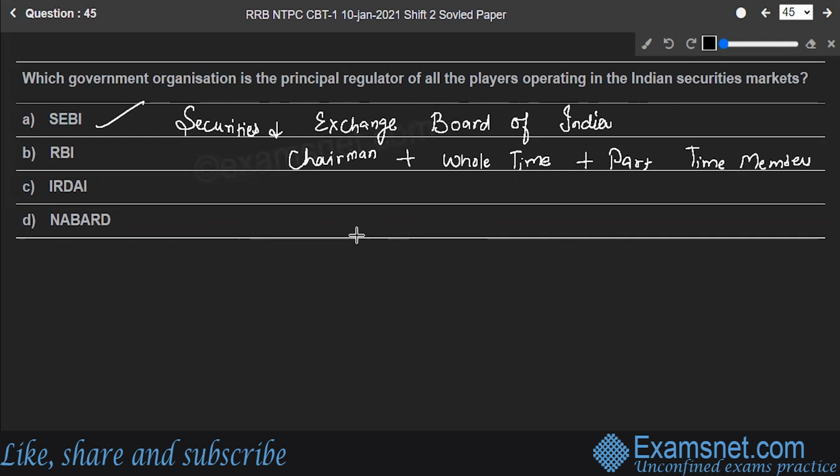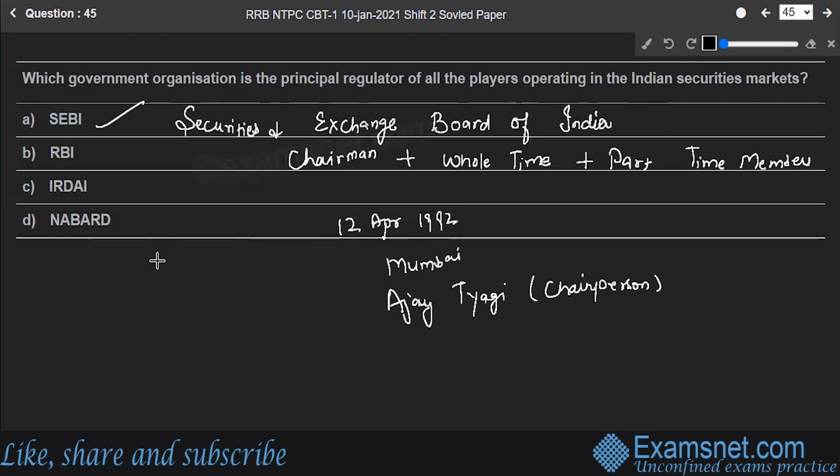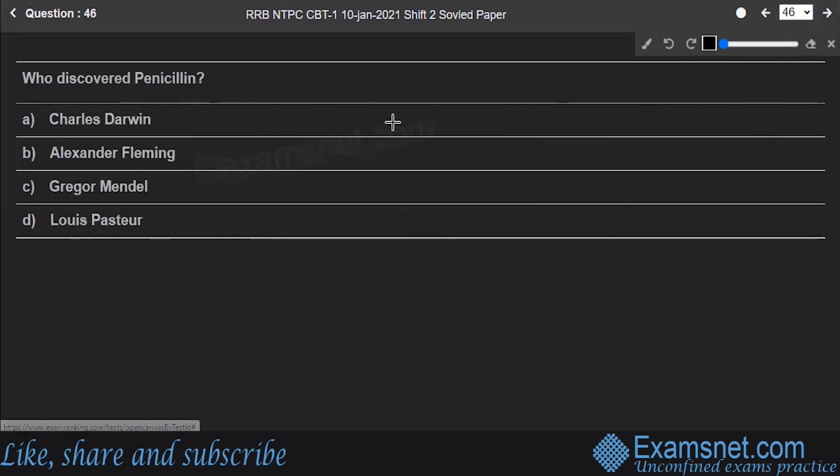Chairman is nominated by the union government. It was founded on 12 April 1992. Its headquarters are in Mumbai. Agency executive is Ajay Tyagi, who is the chairperson. So we have option A as the answer, that is SEBI. Hope you understood this. Let's move to the next question, number 46.